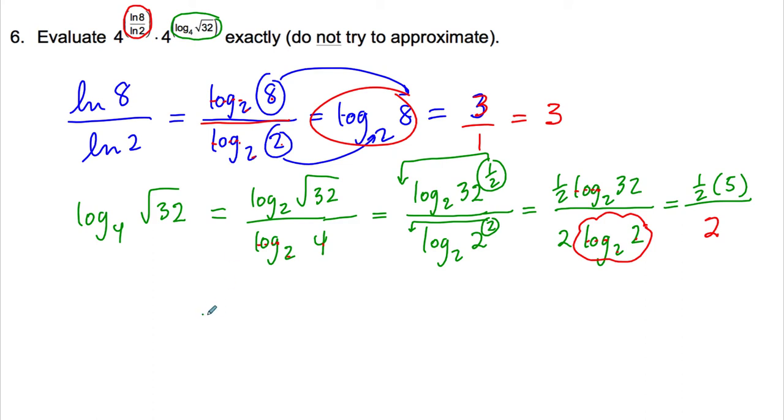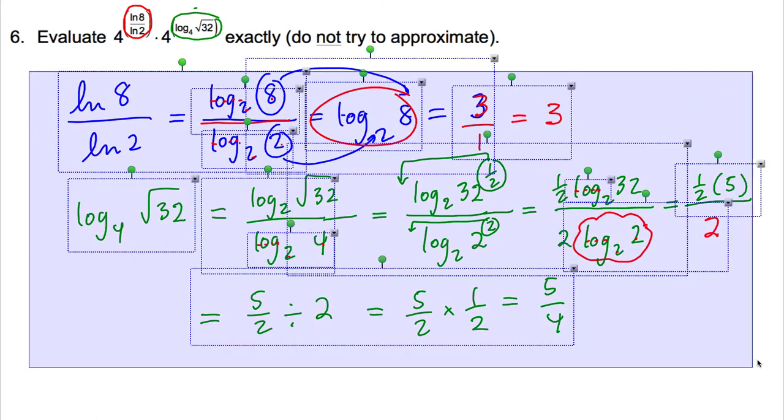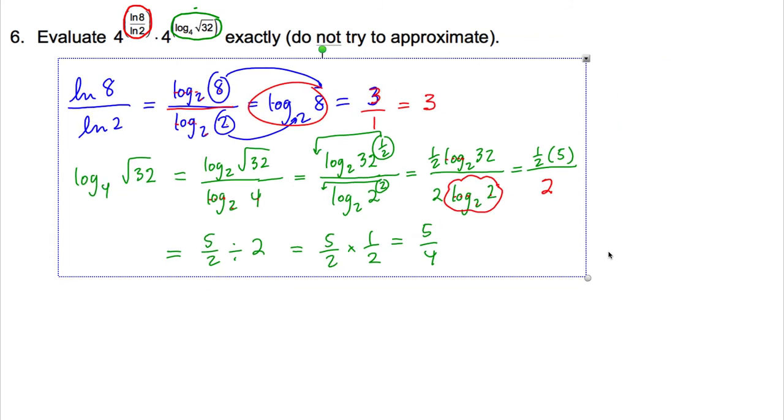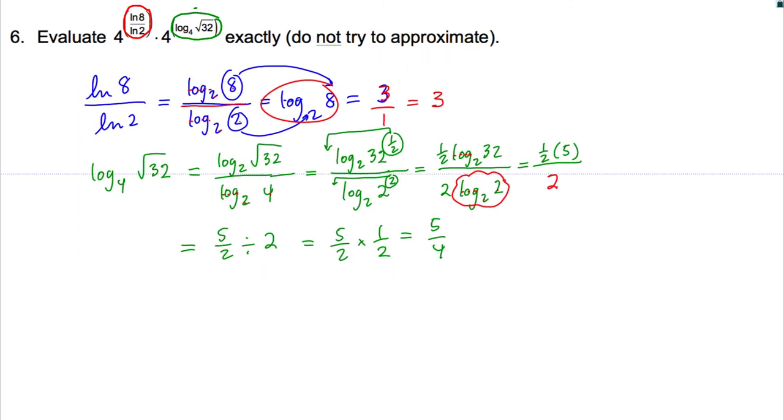And just be really careful with all of the fractions here. We get 5 over 2 divided by 2, which is the same as 5 over 2 times 1/2, which gives 5 over 4. So the green exponent is 5 over 4, and the red exponent is 3. So if we put all of that into the original expression, I'm going to rewrite the question and almost start it from scratch.